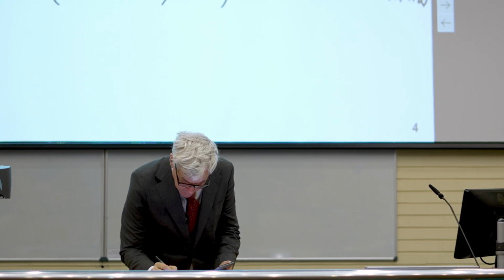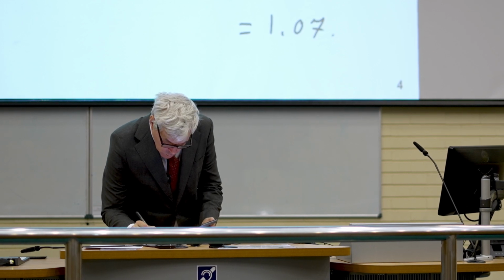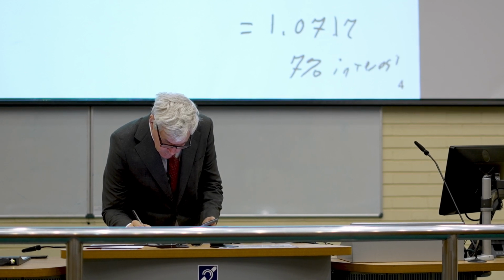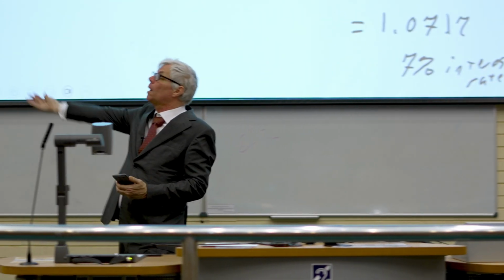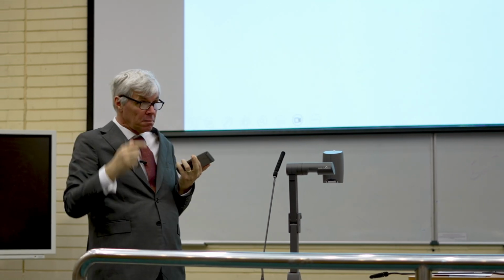Now it gives me something. This is equal to 1.0717. So 7% interest rate. So this 10-year bond that is doubling its money over 10 years, we would say, okay, that's a 7% interest rate. Right? Getting 7% per year.